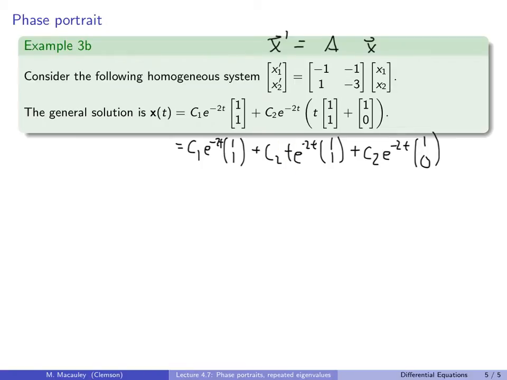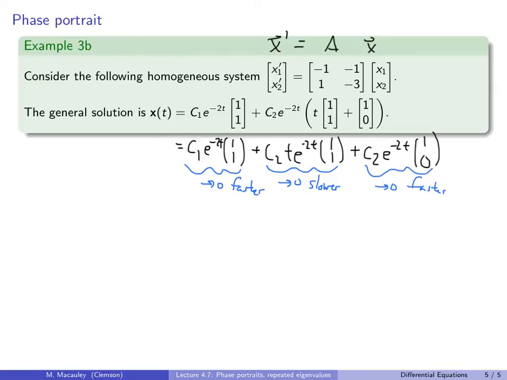So this goes to 0 faster, and this term goes to 0 slower, and this one goes to 0 faster.